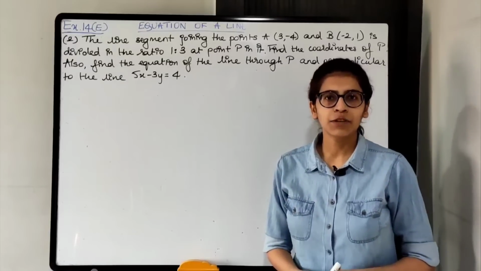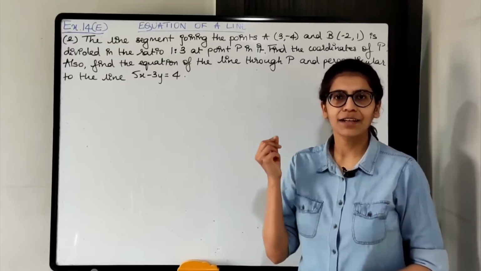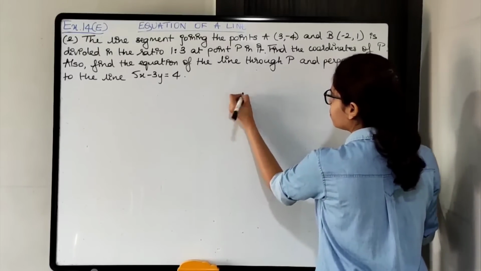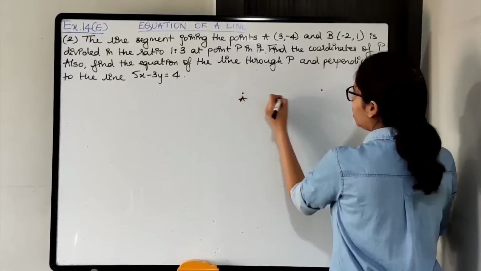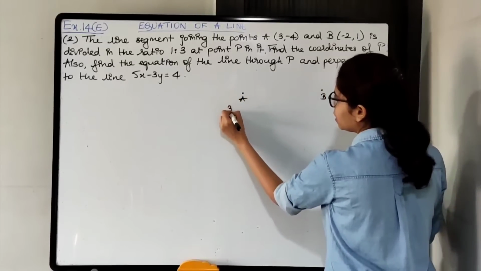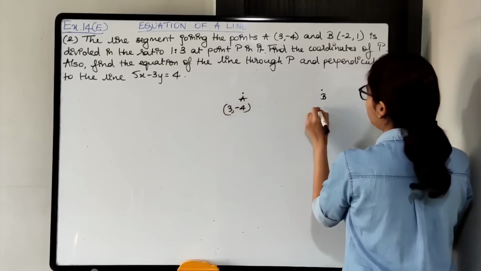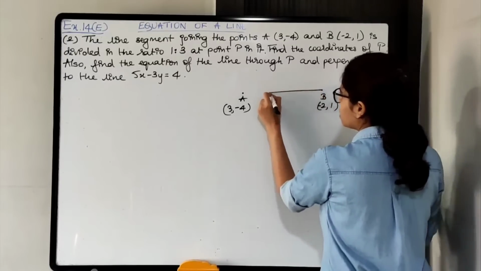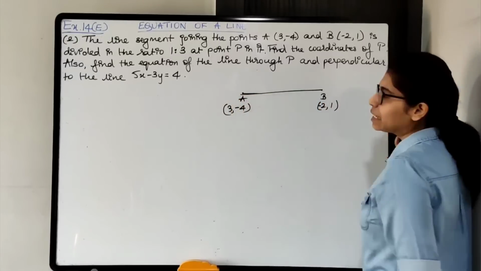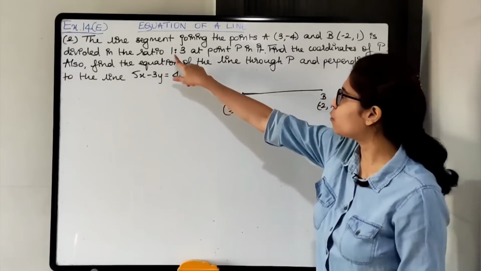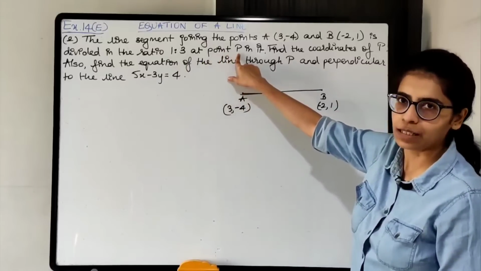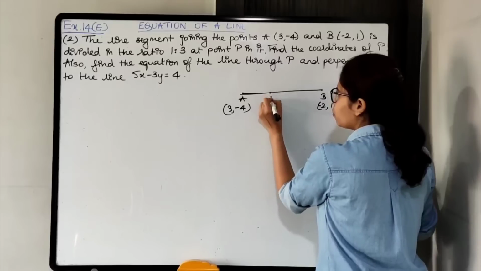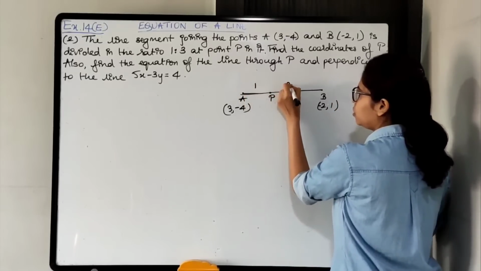There is a line segment formed joining 2 points A and B. So draw the segment first. A है, B है, A का coordinates है (3, minus 4) and B का coordinates (minus 2, 1). There is a segment formed and this segment is divided in the ratio 1:3 by point P. Point P is lying in it and it is dividing in the ratio 1:3.